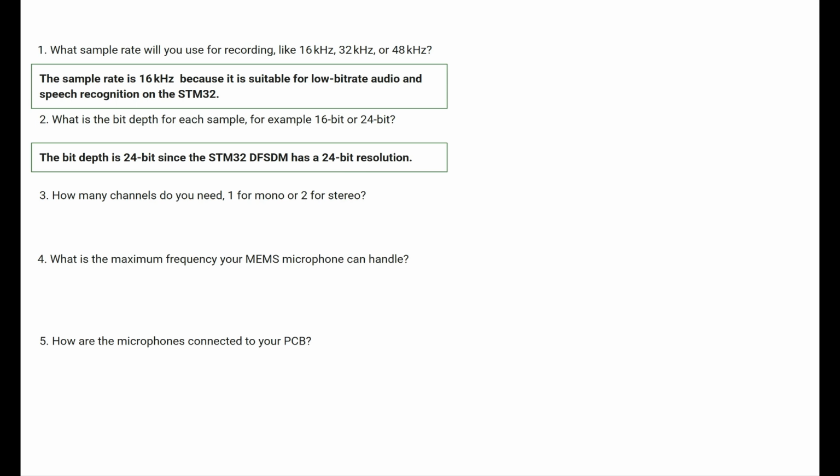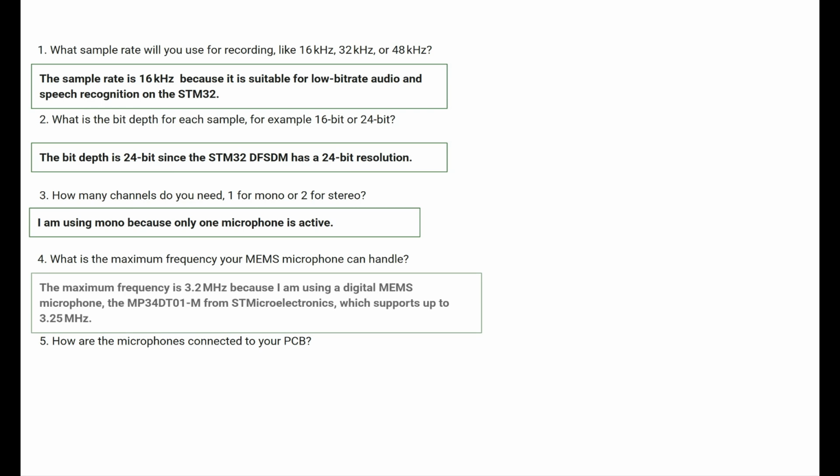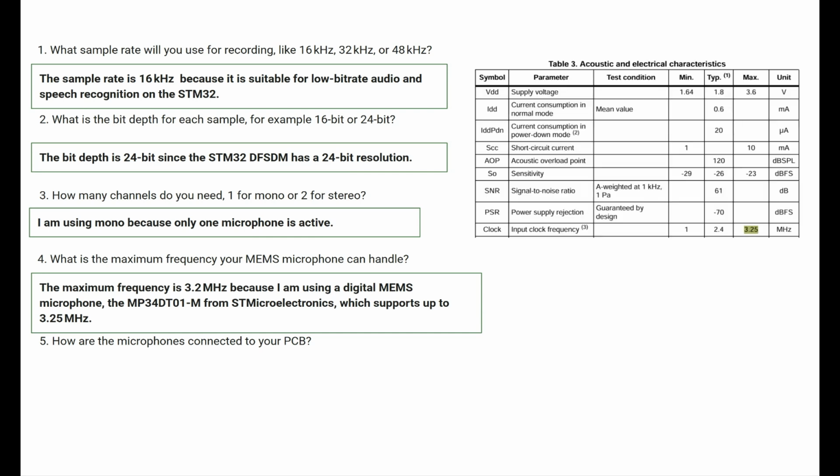The third answer is going to be mono because I'm going to use only one microphone on the evaluation board. The fourth answer is the maximum frequency is going to be 3.2 MHz because I'm using the MP34DT01 MEMS microphone from ST Microelectronics, which supports up to 3.25 MHz. Here's the snapshot of the data sheet where we can see the maximum frequency.